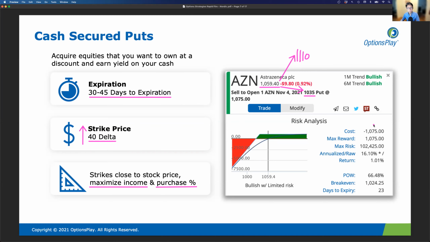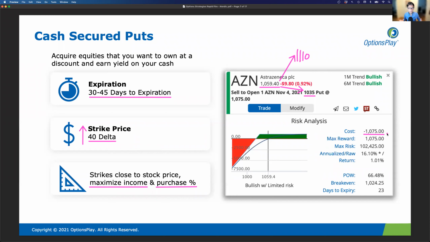So that's only about 25 crowns away from the current price, half as far as the covered call that we're selling, because again, we're trying to maximize the chances of us owning the stock. And as you can see, by selling a strike price close to the current price, here I'm collecting 1,075 crowns. On the covered call, we're collecting 390 crowns. Here, I'm collecting almost 3 times as much in terms of premium.